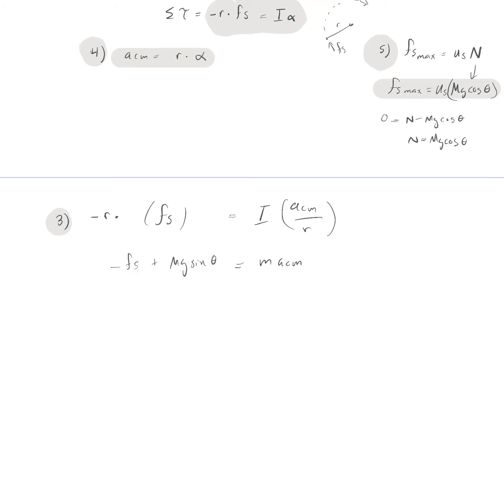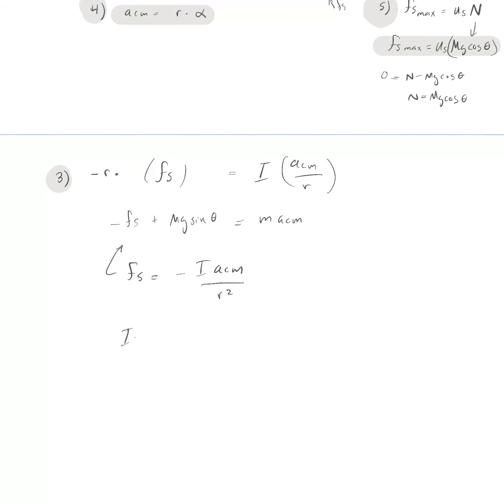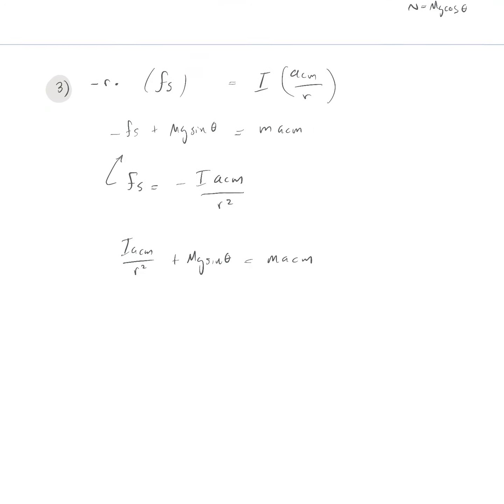Let's do F of s is equal to negative I ACM over R squared, and let's sub this into here. So I ACM over R squared plus mg sine of theta is equal to M ACM. Cool, so we can combine a lot of things here.